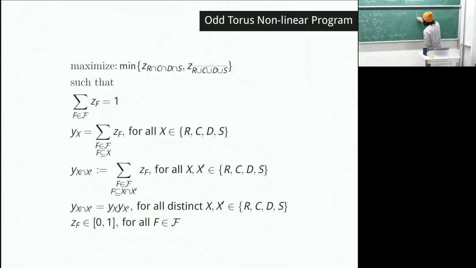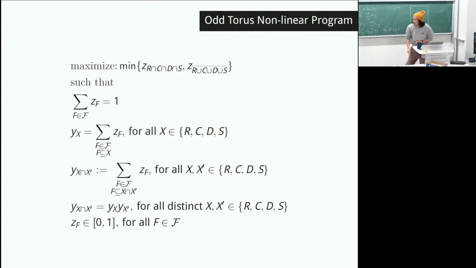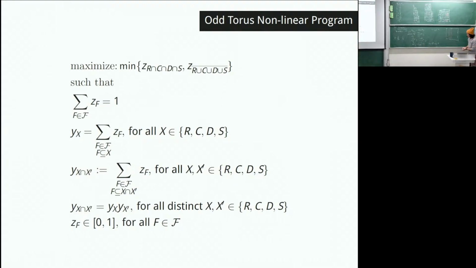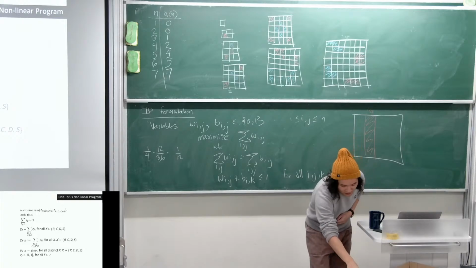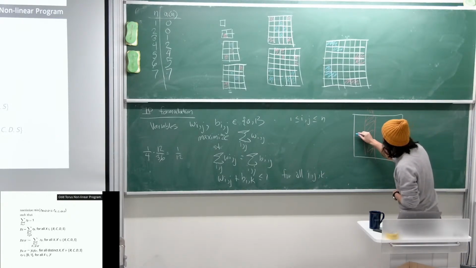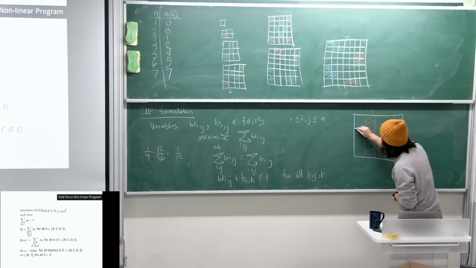Basically, say you have rows that cover maybe a quarter of the squares. And then you have, or sorry, this is columns. Maybe the columns cover, let's say, a third of the squares. Let's make this bigger.